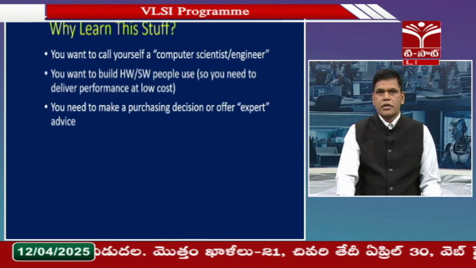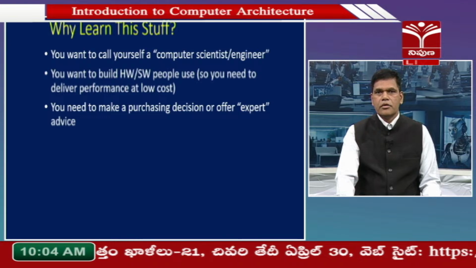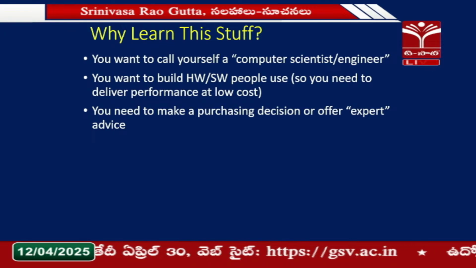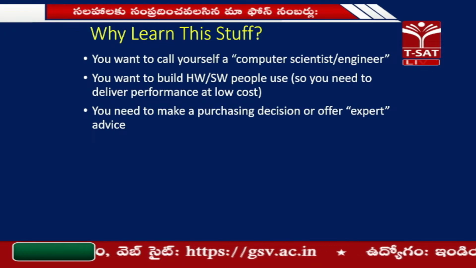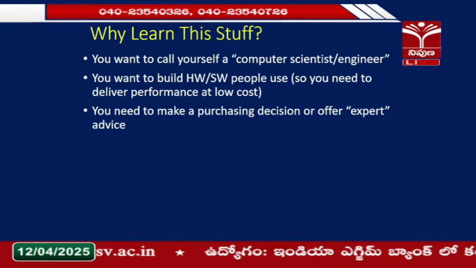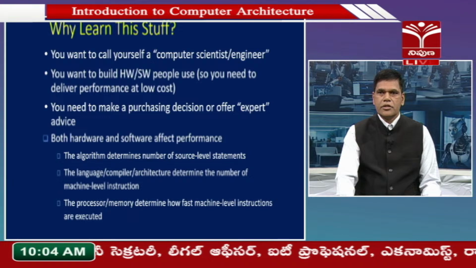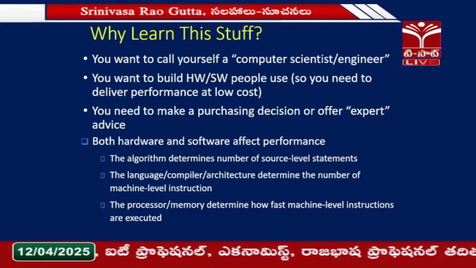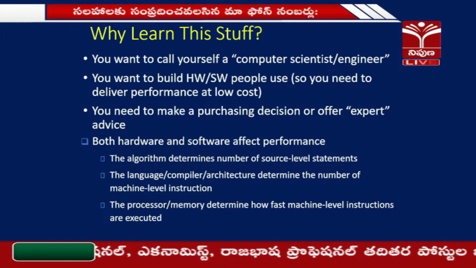So why do you have to learn this? Why is it very important for you to learn computer architecture? If you learn this subject, you can make decisions and provide expert advice to people. Also, if you want to call yourself a computer scientist and need to make a purchasing decision as you work in a company, both hardware and software affect performance.